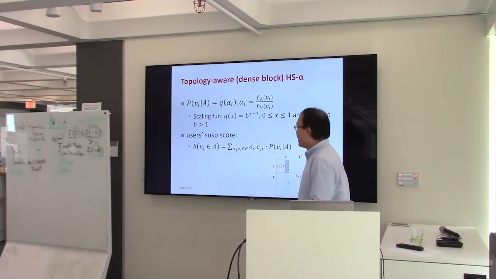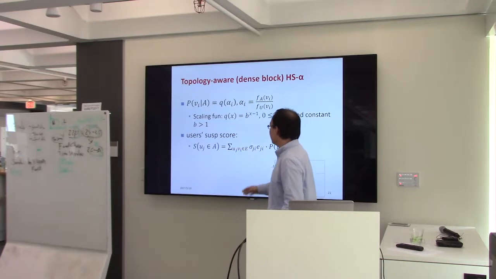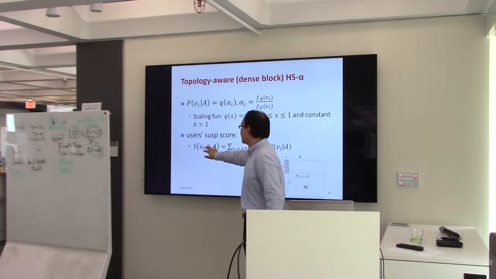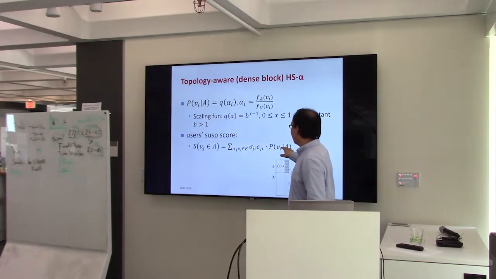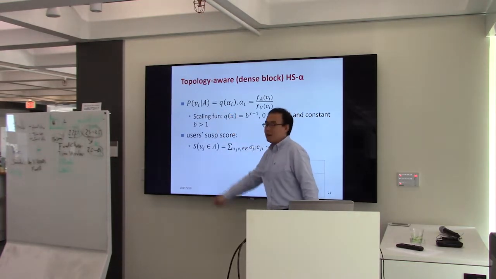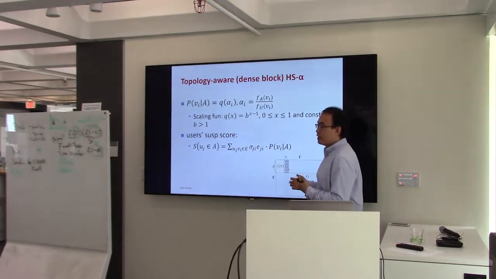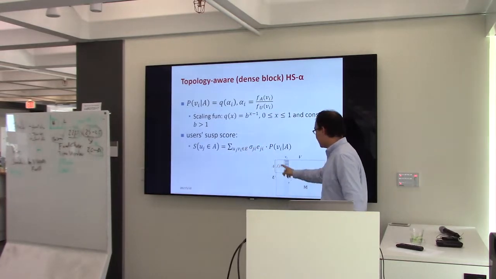We also define a user suspiciousness score. It's simply defined by how many connections the user A has to suspicious objects. If they connect to more suspicious objects, the user will be more suspicious.